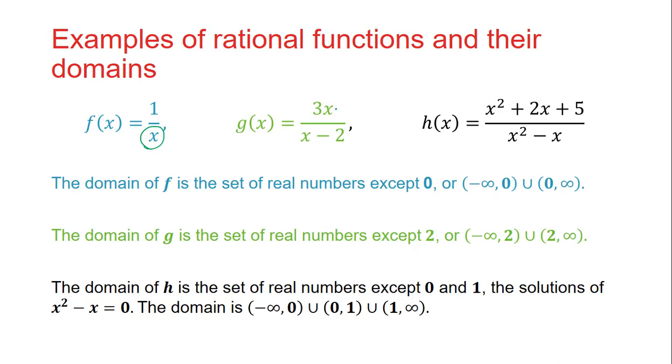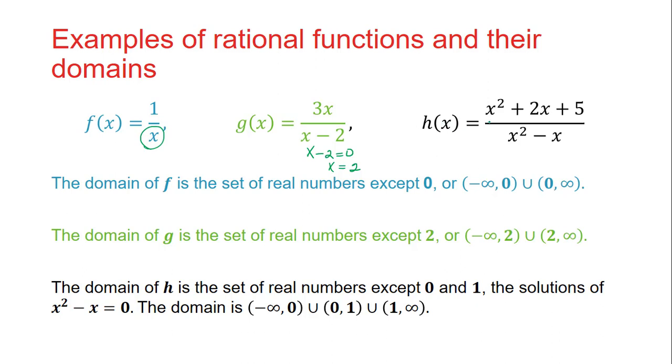G of x is equal to 3x divided by x minus 2. Very similar to the one that we just looked at. So the denominator is equal to 0 when x is equal to 2. And so the domain is all real numbers except for 2, written as negative infinity to 2, parentheses, union, parentheses, 2, comma, infinity, close parentheses.